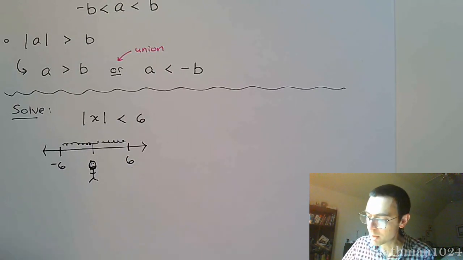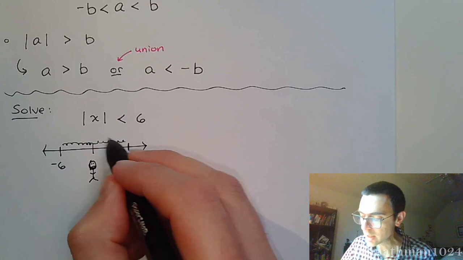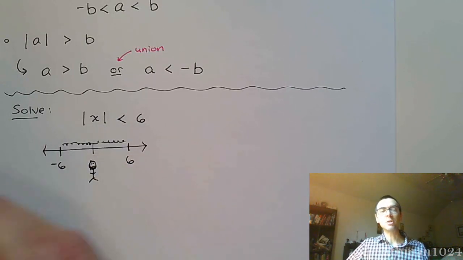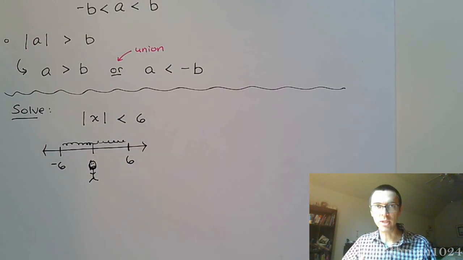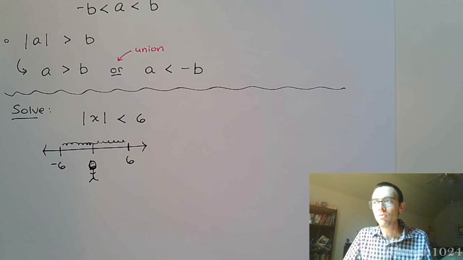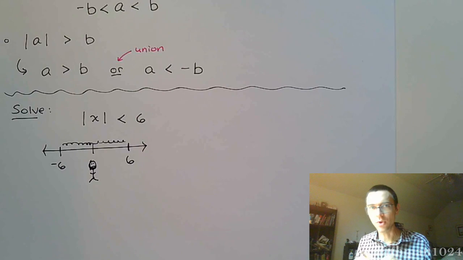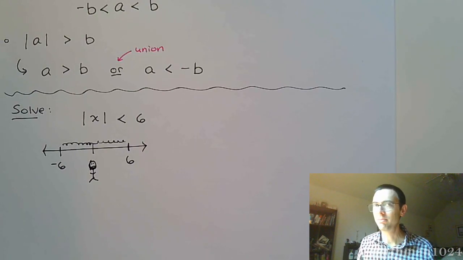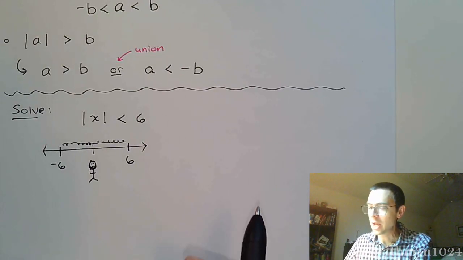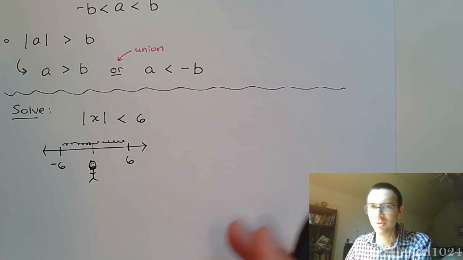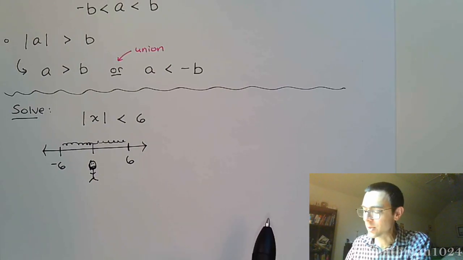Here I am. My dog can go 6 units out this way, 6 units out that way, but that's it, because I'm trying to restrict her distance, restrict her movement, which is why she's on a leash. Because if she were not on a leash, she would just run away. And she did last week, but I got her. I think she just got distracted with something in the dirt, so I was able to catch up to her.